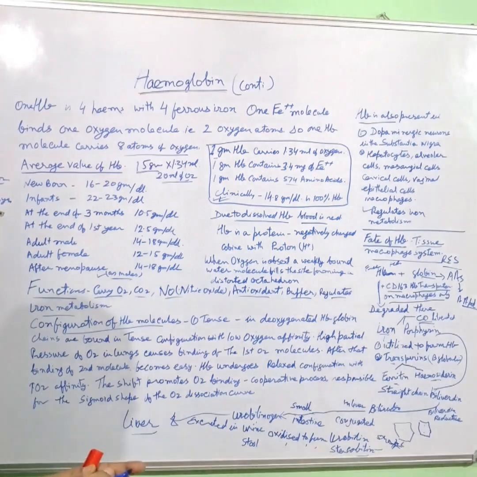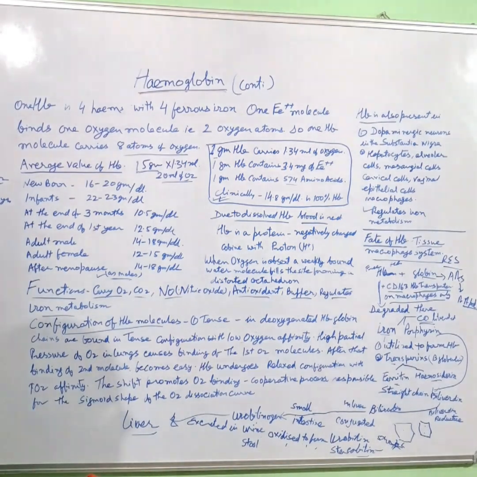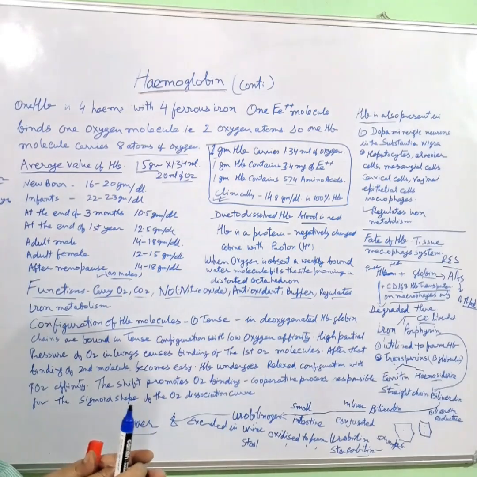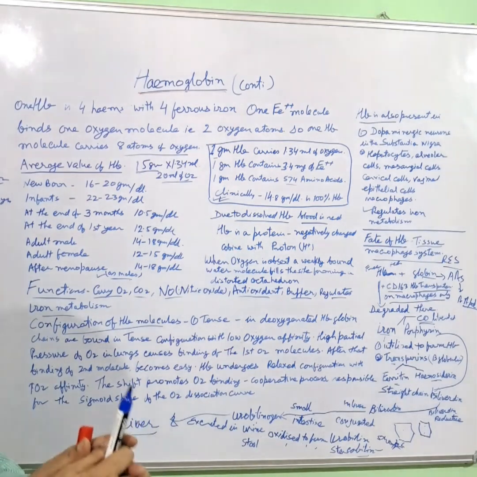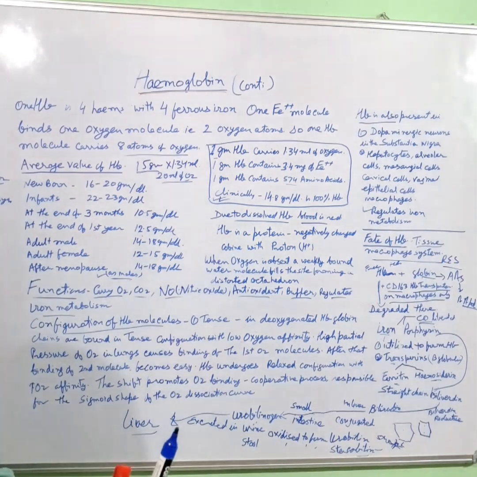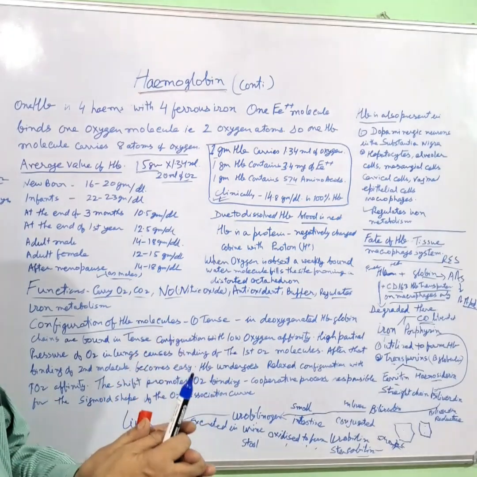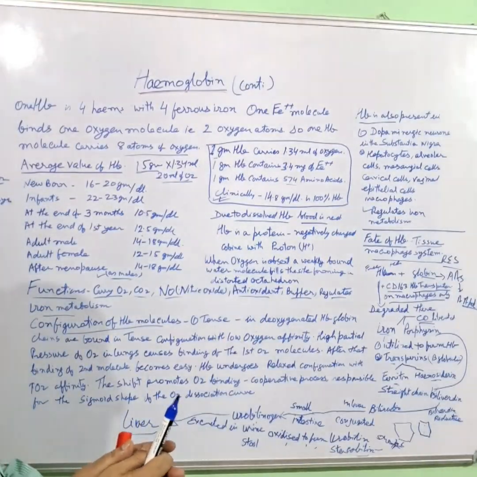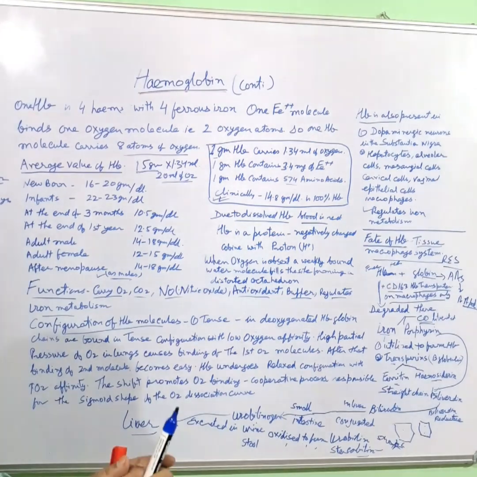High partial pressure of oxygen in the lung causes binding, and it will enter into the relaxed configuration. The first oxygen molecule is attached.